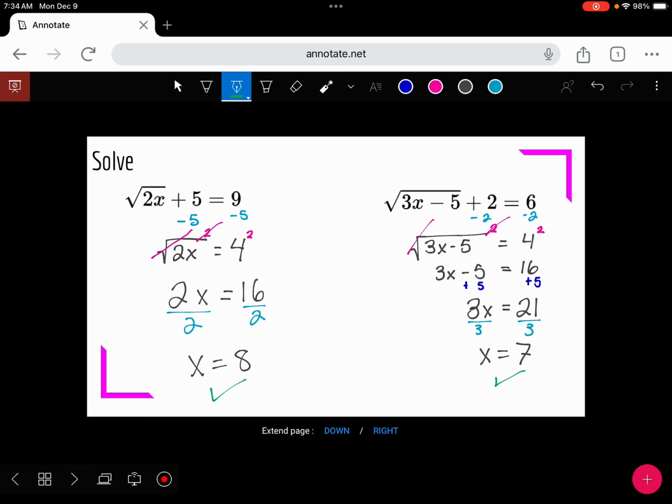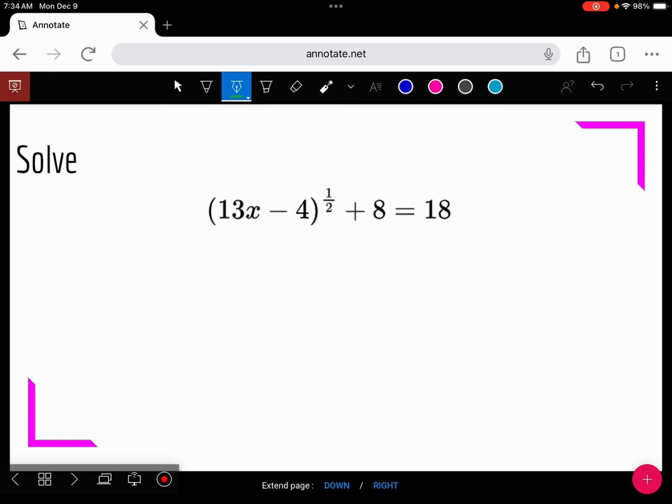Oh God. What does a fraction in a power mean? What is a power of 1/2? What does that mean? It's the square root. Remember, this is our index. If it has a denominator, that's the index.